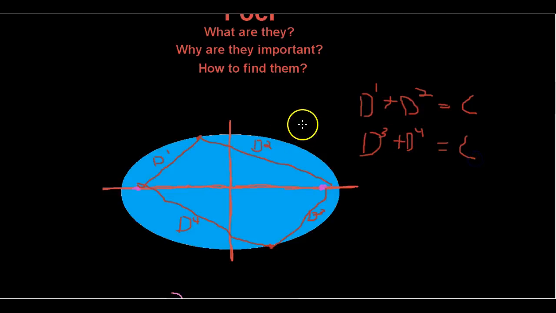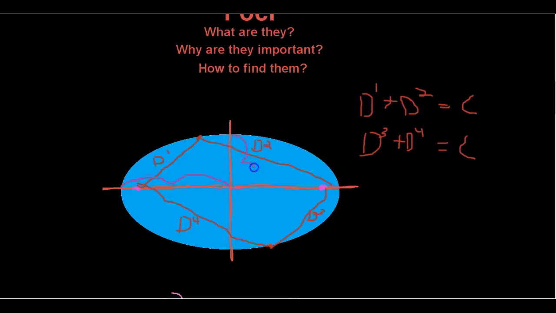Okay, so now we can talk about how we can find the foci, because now that we have that basic knowledge, we can talk about something that's really neat, in fact.